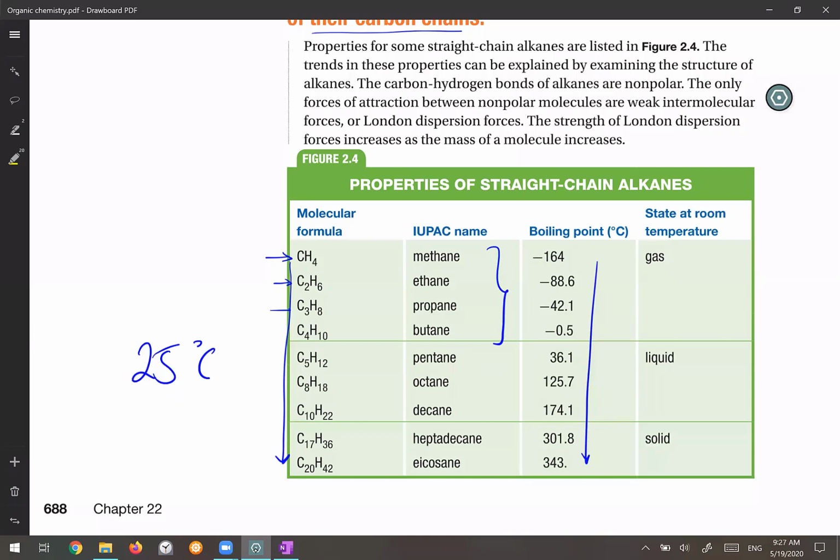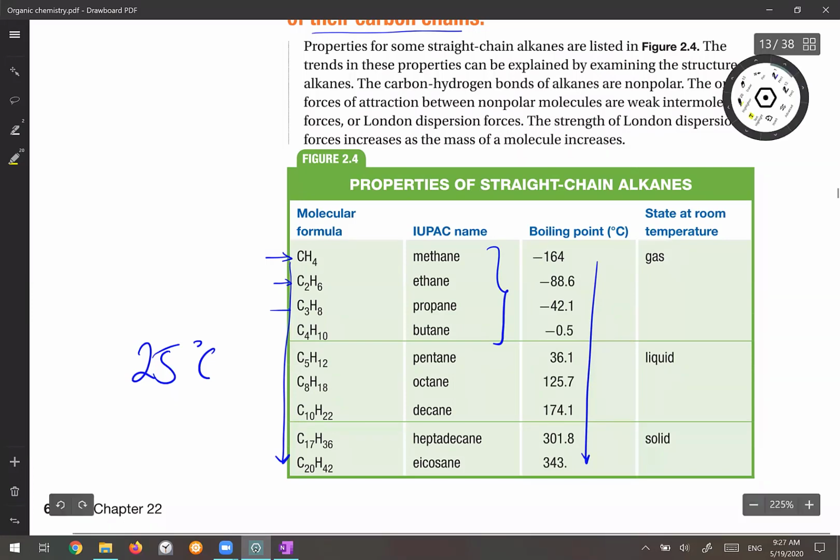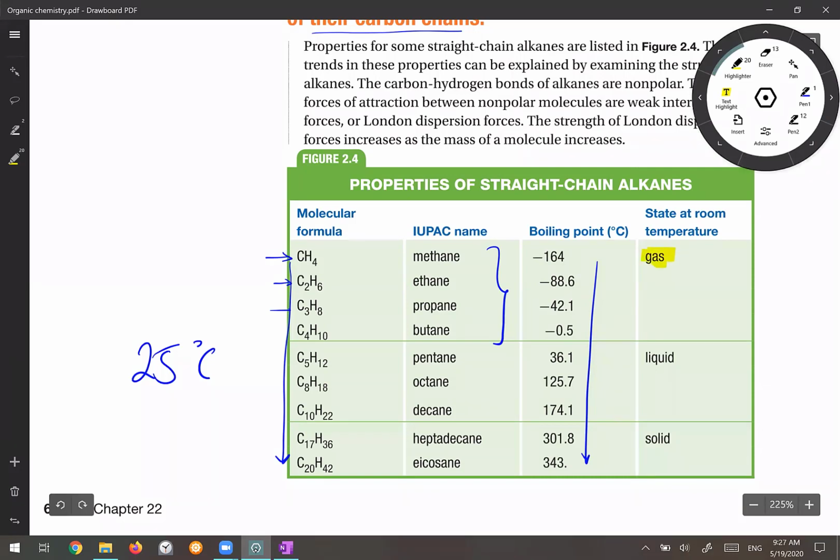It means the room temperature is high enough to evaporate them, so they are in the gas form. But for the next hydrocarbons up to 10 carbons, the boiling point is above the room temperature, so they can be either solid or liquid.